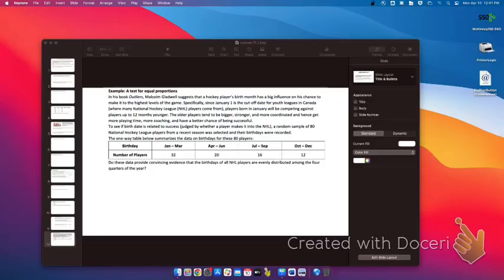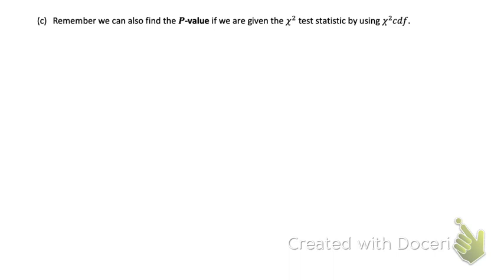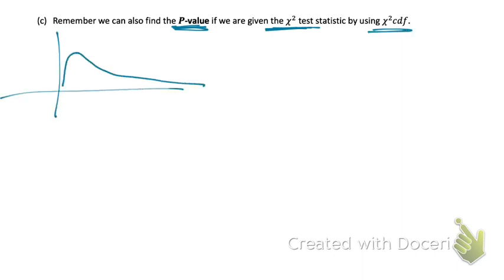All right, part C. Please remember, we can also find the p-value if we are given the chi-squared test statistic by using chi-squared CDF. What was our chi-squared value? 18 point what? 2.8.